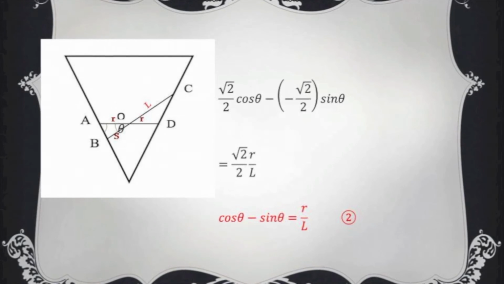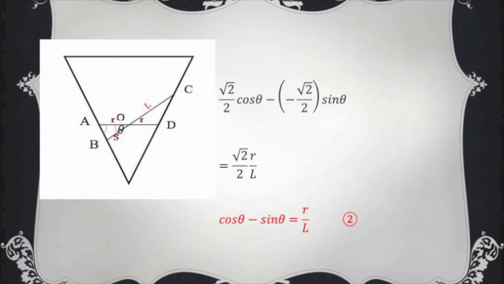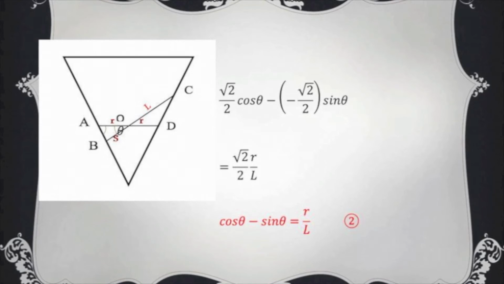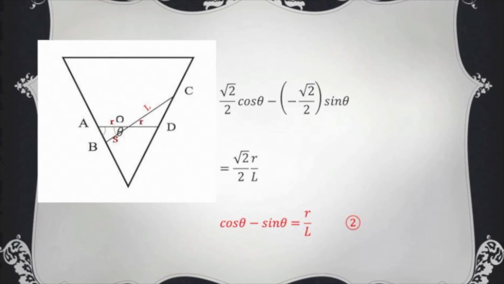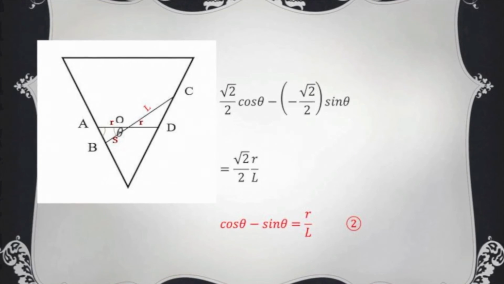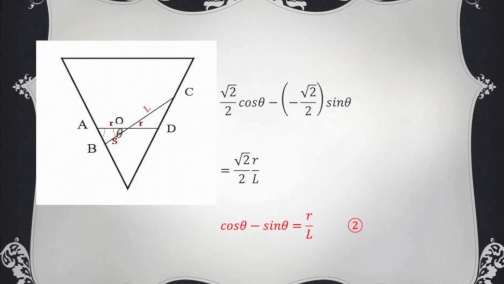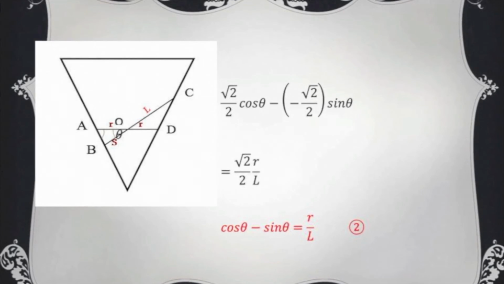So root 2 over 2 cosine theta minus root 2 over 2 sine theta equals root 2 R over 2L. So from this equation we know that cosine theta minus sine theta equals R over L. And then we label it as the second equation.